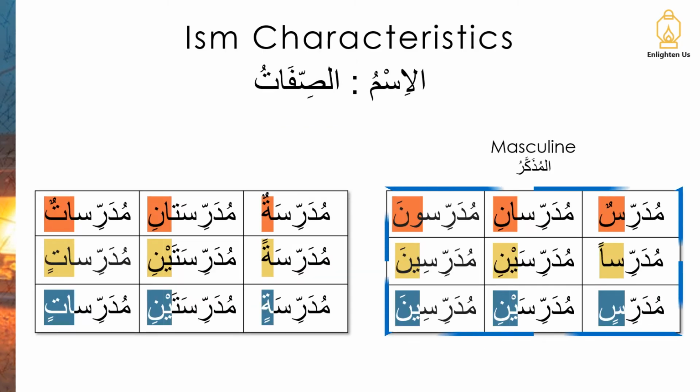But what does all of this mean? Well, let's bring it together into this chart. We have 2 charts actually, so we have mudarrisun, mudarrisan, mudarrisin, mudarrisani, mudarrisaini, mudarrisaini, mudarrisuna, mudarrisina, mudarrisina. Now this chart on the right hand side is all the versions of the ism that are mudhakkar, that are masculine.